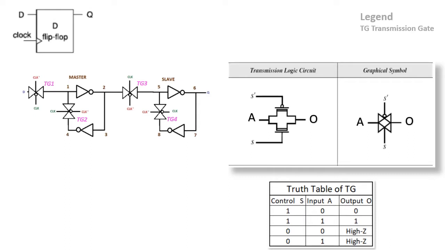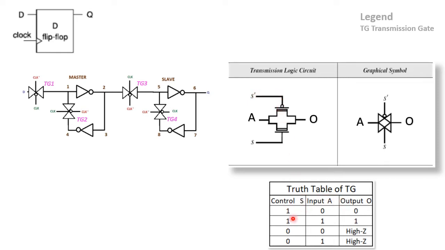This transmission gate's graphical symbol is in this way, and its actual implementation will have a PMOS transistor and an NMOS transistor. The NMOS transistor will be connected to the select signal S, and the opposite, S bar, will be connected to the PMOS transistor.